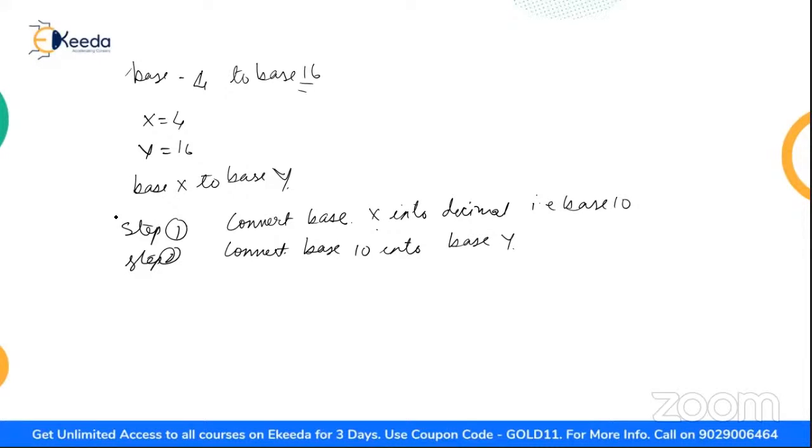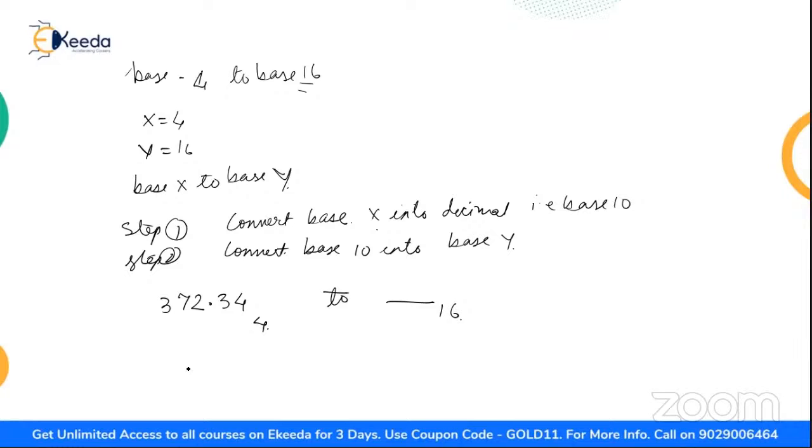Okay, so suppose I want to convert 372.34 base 4 to base 16. How will I convert?